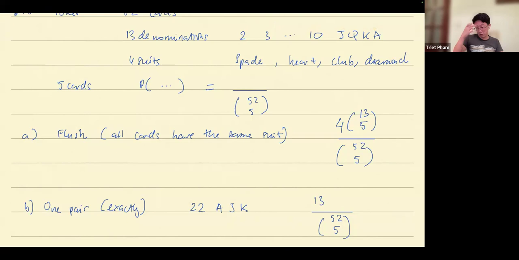So that's 13 choose 1, out of 13 possibilities. And then among the four cards, you choose two to be your pair. So this takes care of the pair. Then the remaining cards must not be from the same denomination, so that's from the remaining 12 denominations, and you need to make sure they each come from a different denomination. So that's 12 choose 3. You pick 3 denominations, and then they can be any kind of suit, so 4 cubed.